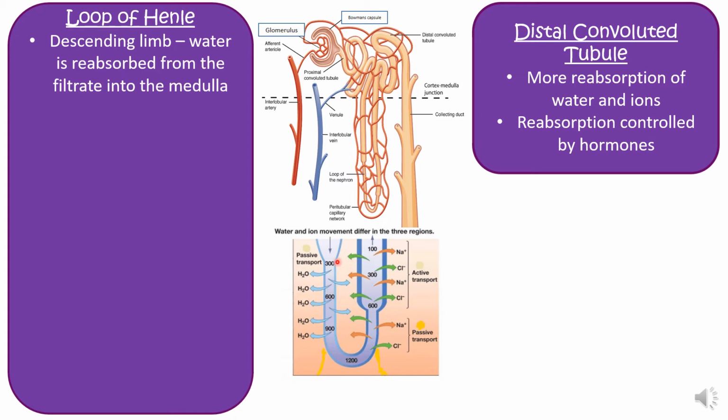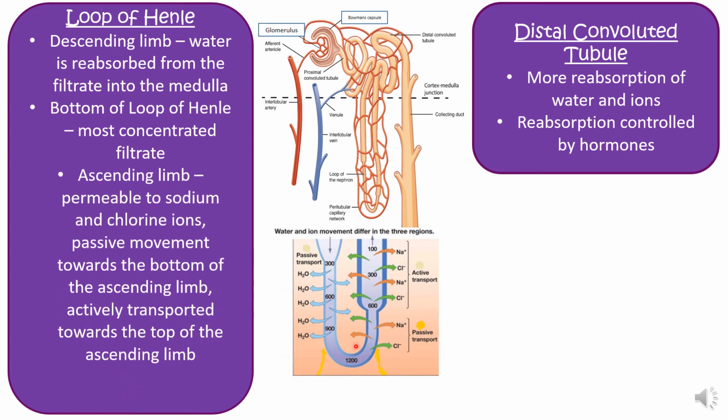Now these numbers refer to the solute concentration within the filtrate. So obviously it's getting more and more concentrated as you move down because the water is moving out. And this is going to be your most concentrated area of filtrate within the whole of the nephron.